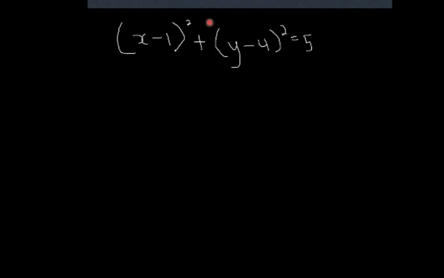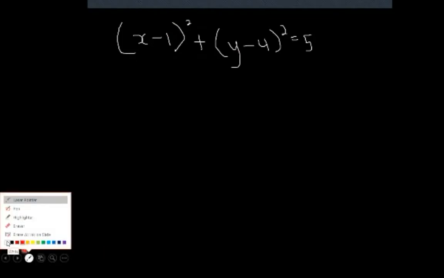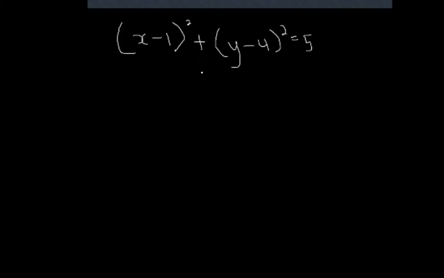They gave you the equation of the circle, and they also told you that the normal passes through this point, (2, 6).